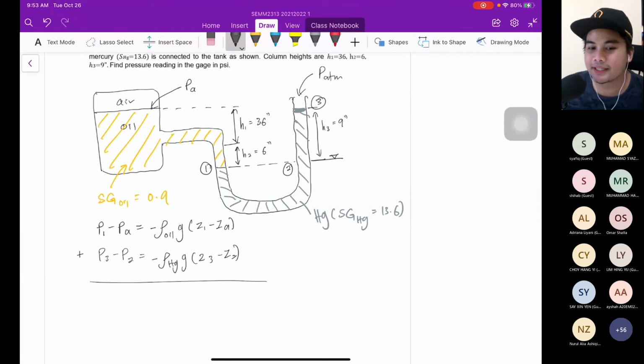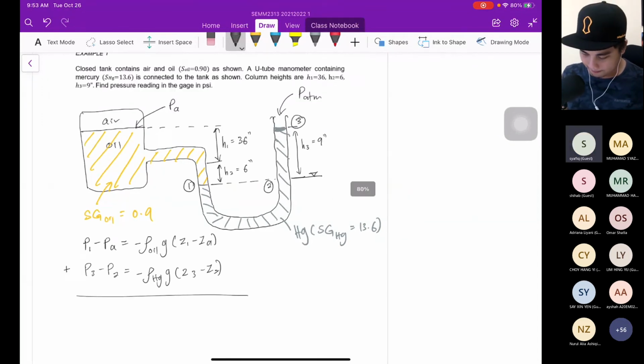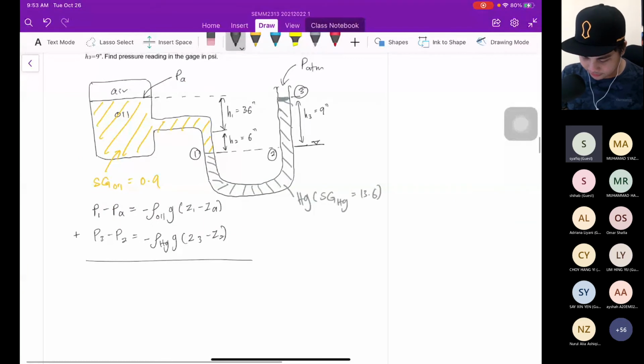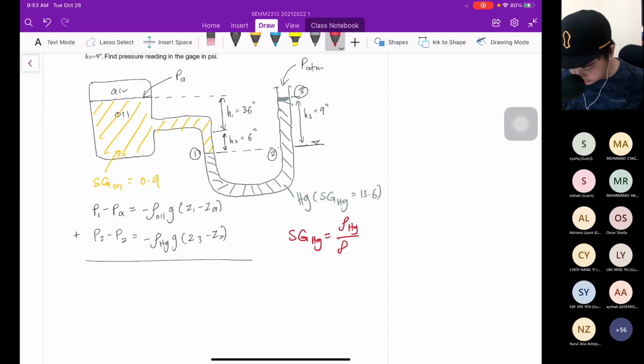Using the specific gravity. What is the formula of specific gravity? Rho substance over rho water. Rho oil. Yes, perfect. If this is mercury, that means rho of mercury divided by rho of water.